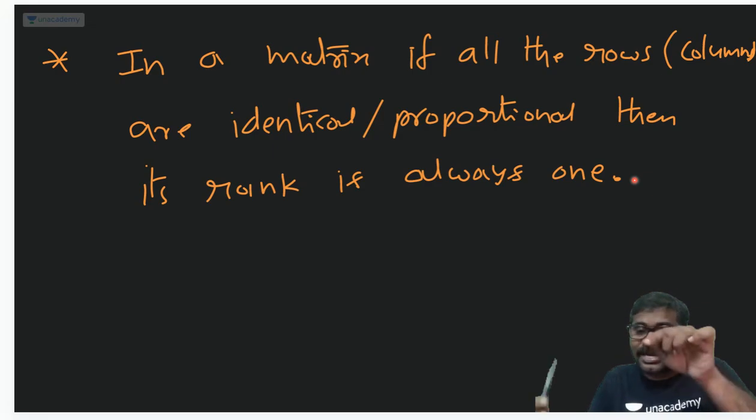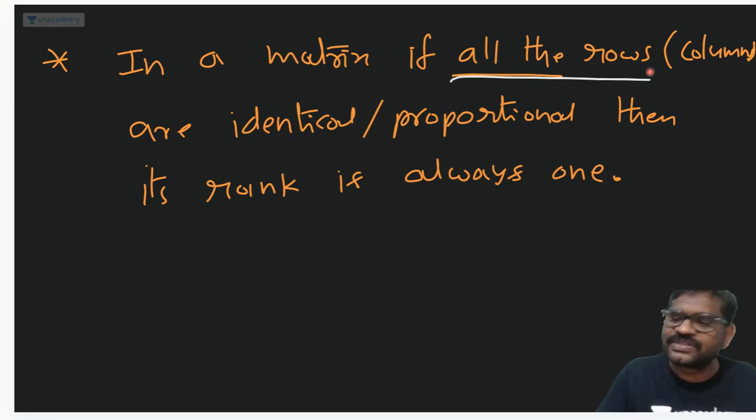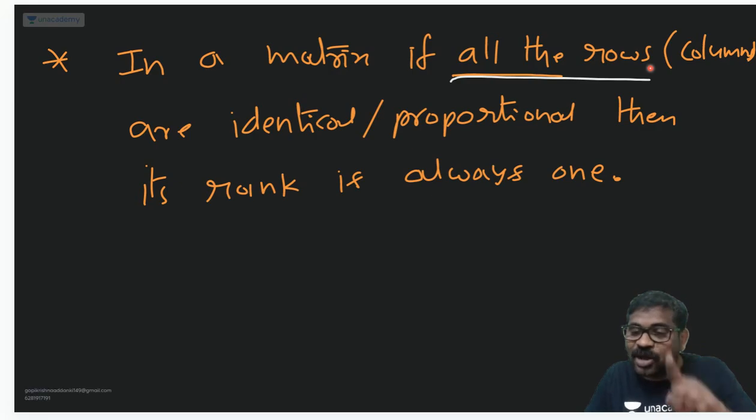Here, the main keyword is all. All the rows. Yesterday's property was: two rows are identical or two rows are proportional, determinant is 0. Here, all the rows are identical or all the rows are proportional, then rank is always 1. Don't get confused.